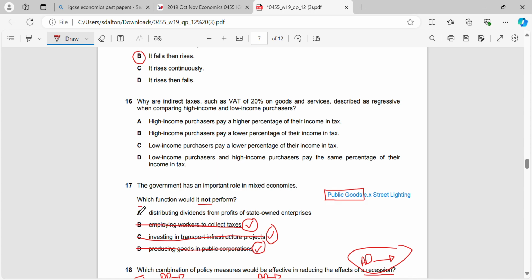But what they won't do is distribute profits or dividends from profits of state-owned enterprises. The state-owned enterprises are set up to benefit the members of society. So therefore, they're not going to give the profits back to the shareholders, right? The shareholders is themselves anyway.